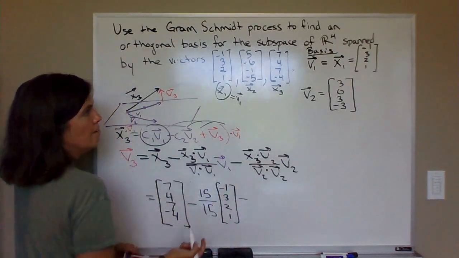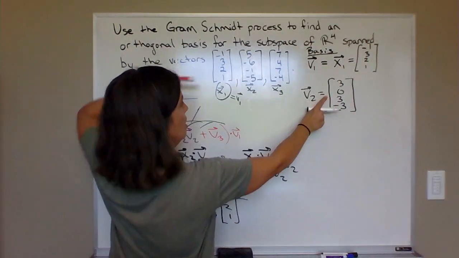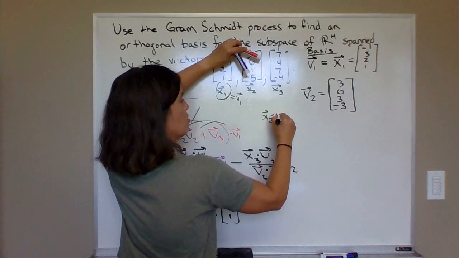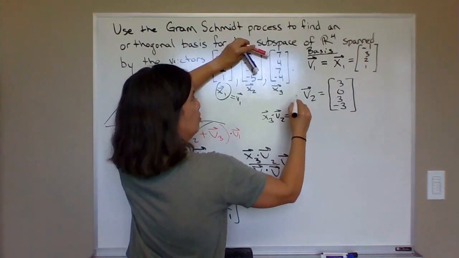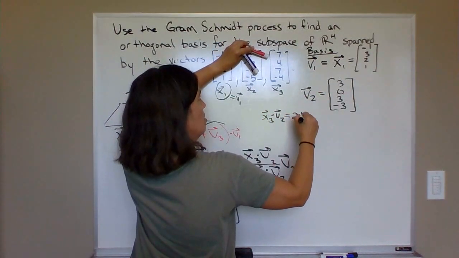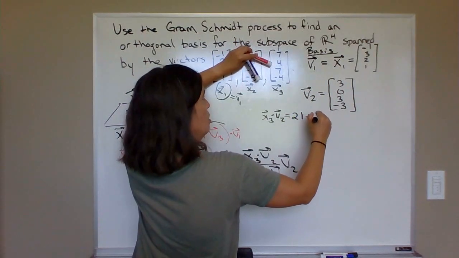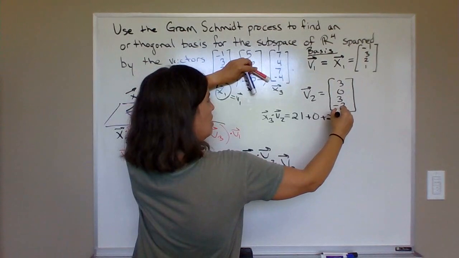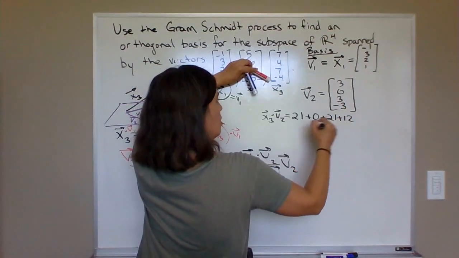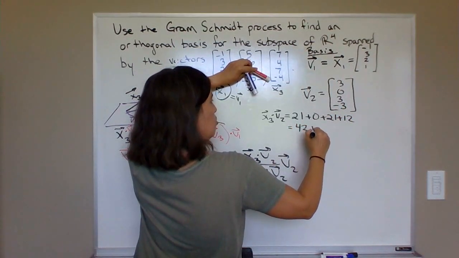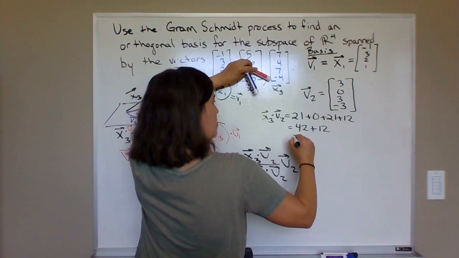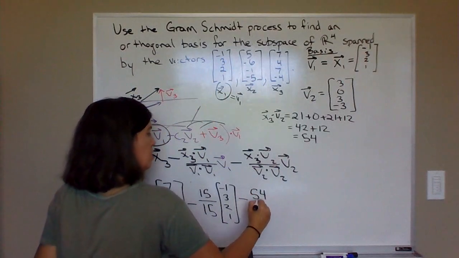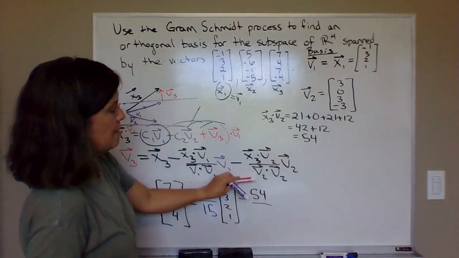Okay, x3 dot V2. So here's V2, here's x3. So x3 dot V2, I'll do some scratch work right here, is equal to 7 times 3 plus 4 times 0 plus 7 times 3 plus negative 4 times negative 3, so plus 12. So that's 42 plus 12, so 54. Okay, so 54 over V2 dot V2 right here.